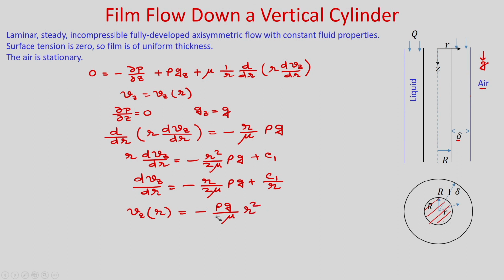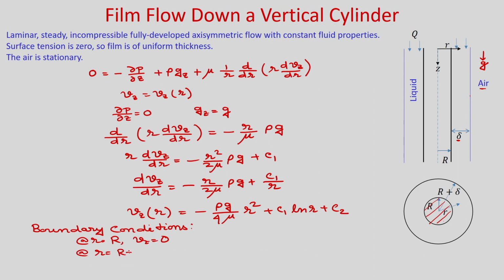So, it will be minus rho g by 4 mu r square plus C1 ln r plus C2. And what are the boundary conditions? At r is equal to capital R, vz is equal to 0, and at r is equal to R plus delta, which is your interface, dvz/dr is equal to 0.